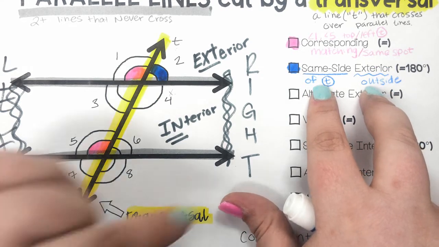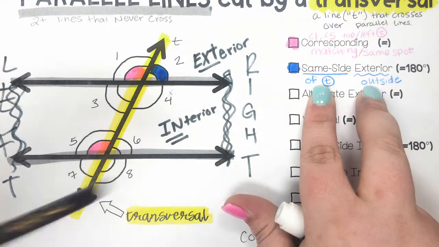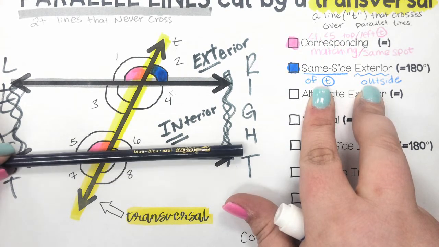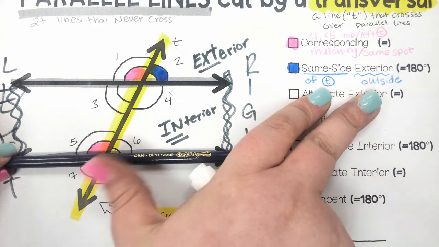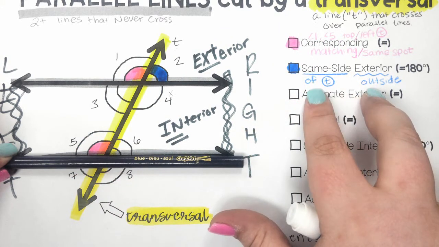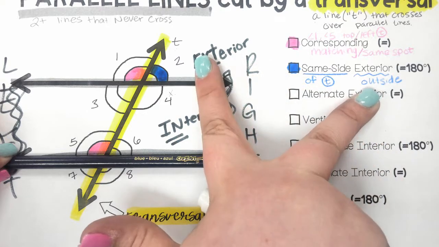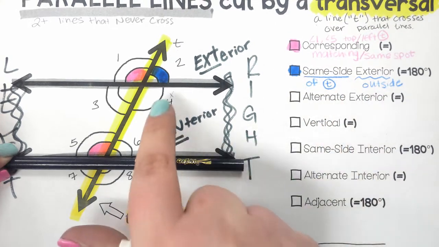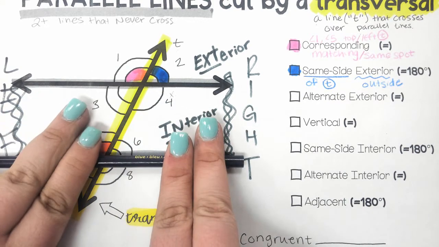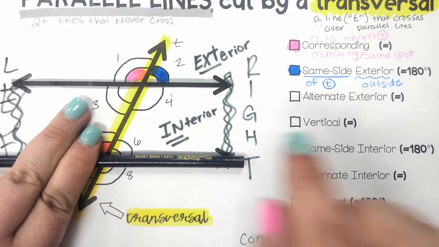So same side, now angle 2 came from the top, so the same side exterior angle would be from the bottom parallel line, which means your options are 5, 6, 7, and 8. We need something on the same side of the transversal. Well, 2 was on the right. On the right, we have 6 and 8. So we can't use 5 and 7. So we've got 6 and 8.